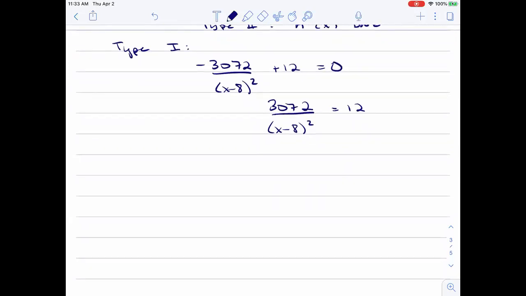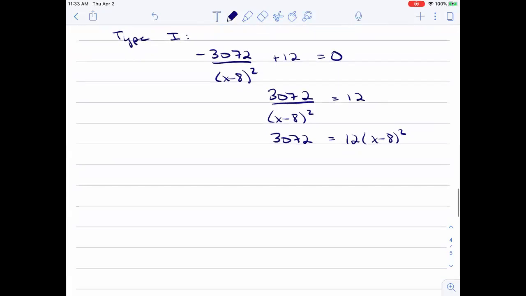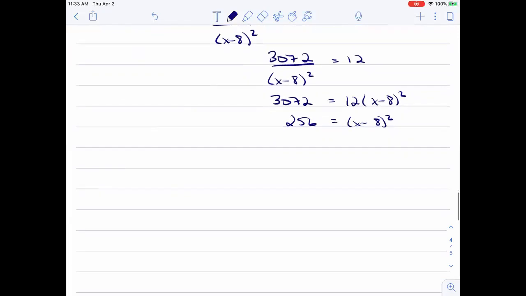At this point, I expect you to be really comfortable moving things around like that. So 3072 is 12 times x minus 8 squared. If I divide both sides by 12, I get 256 must be x minus 8 squared.